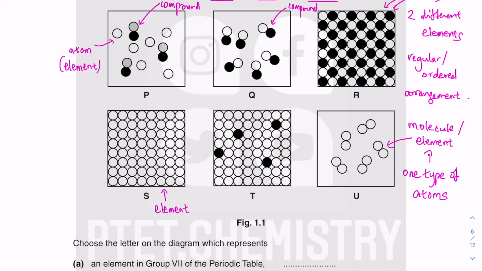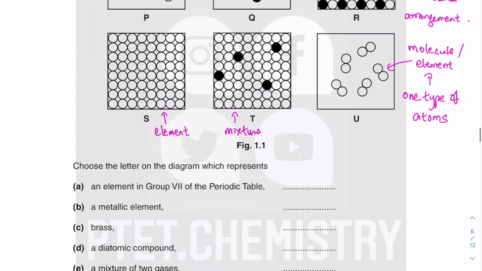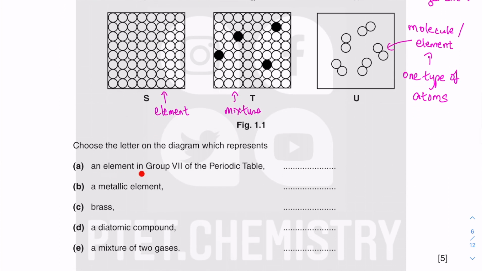This is not an element. You can tell there's some black stuff. This is a mixture. Alright, so these are different atoms. Most of them are the white one, but some are the black one. Okay, you have an element in group 7. Okay, so this is group 7, like fluorine, chlorine, bromine, iodine.